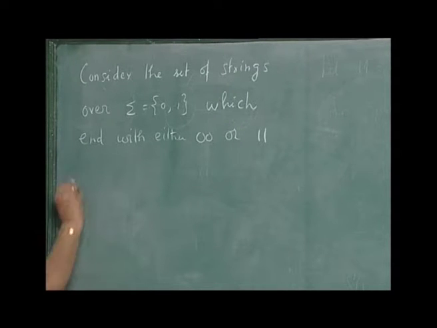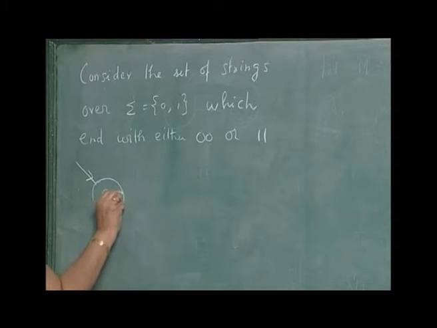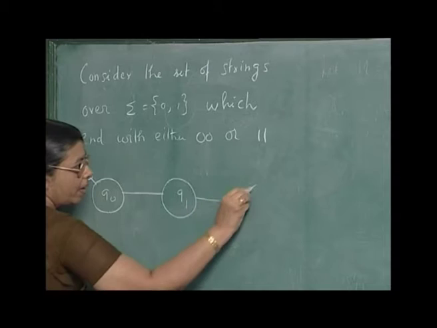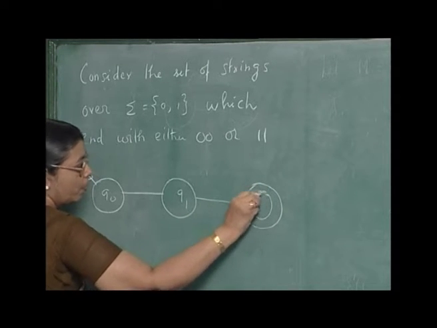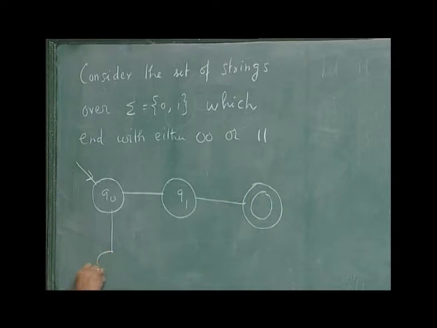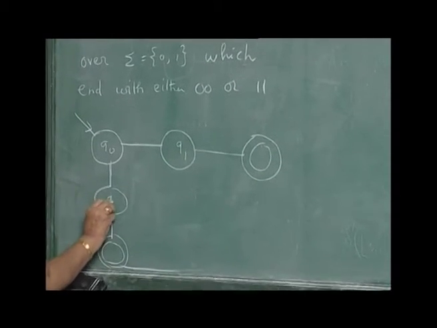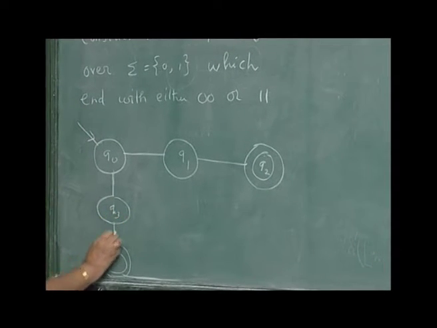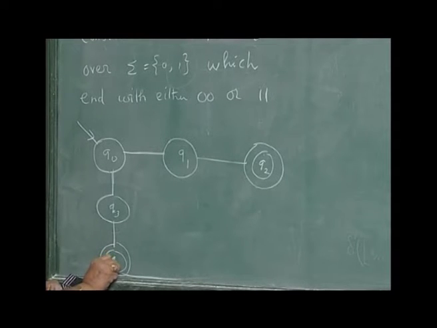Now, the non-deterministic diagram for that will be like this. It will be q naught, then q1, q2, q3, this is q2, q3, q4.